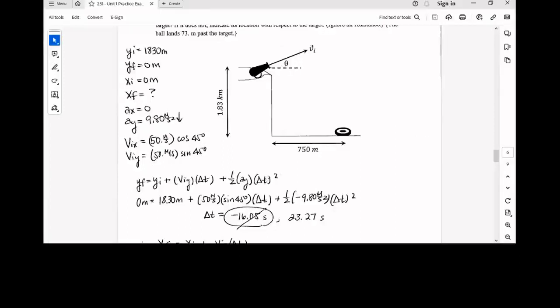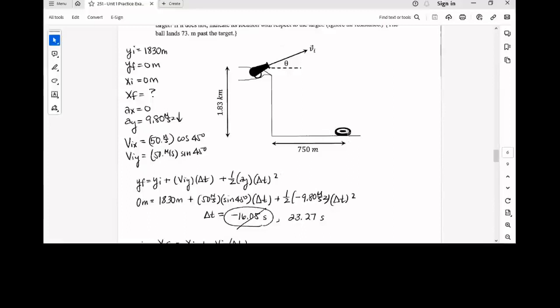Now, the cannonball is going to be moving in the air for the same interval of time. It's moving horizontally for the same time it's moving vertically. So I can use the vertical kinematic equation to figure out what delta t is. You can start there.